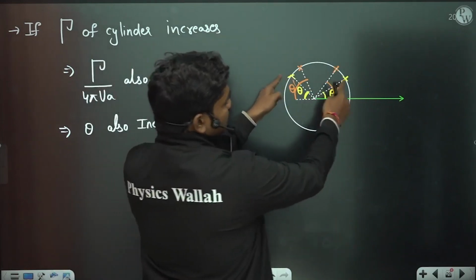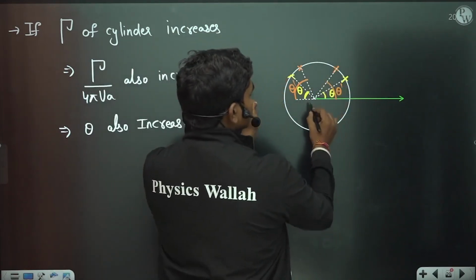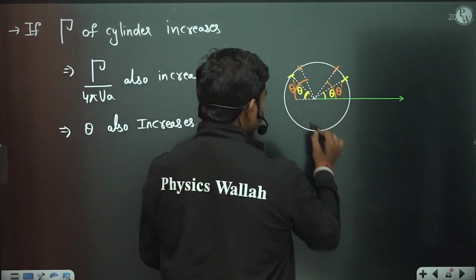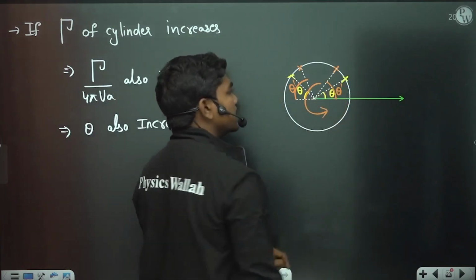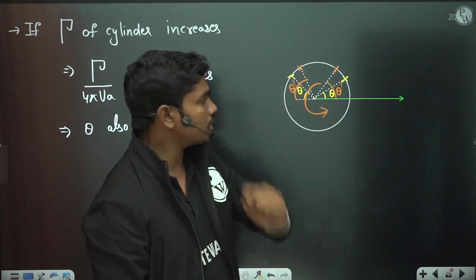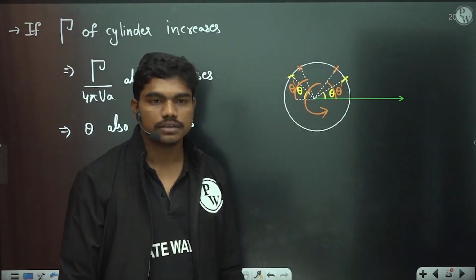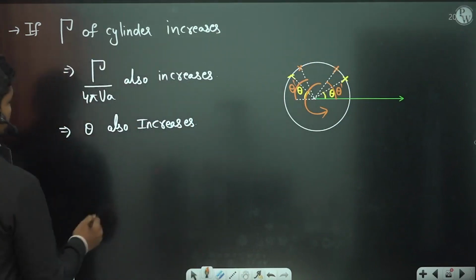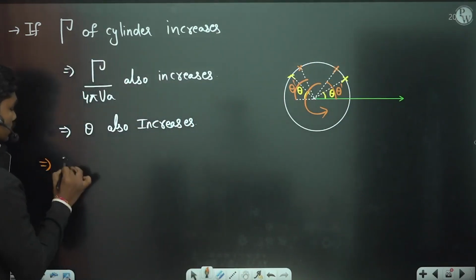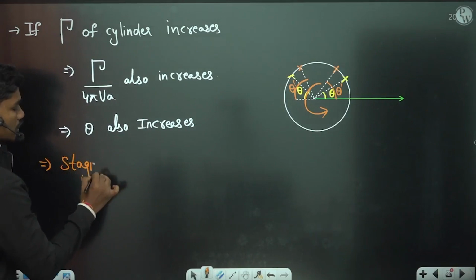If you see the distance between the stagnation points, whenever the rotation speed of the cylinder is increasing, that is, if circulation is increasing, then the stagnation points come close, yes or no? Yes, this is 100% clear. So theta increases, and this implies the stagnation points move close to each other.